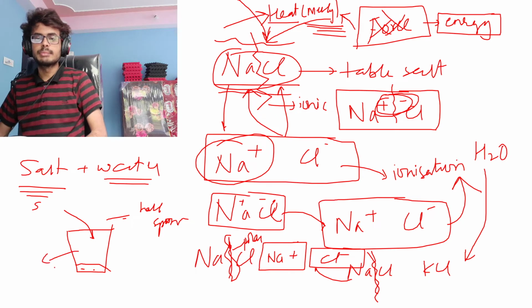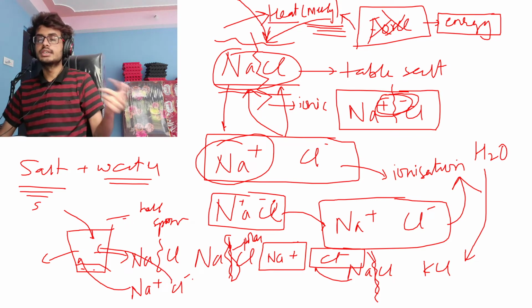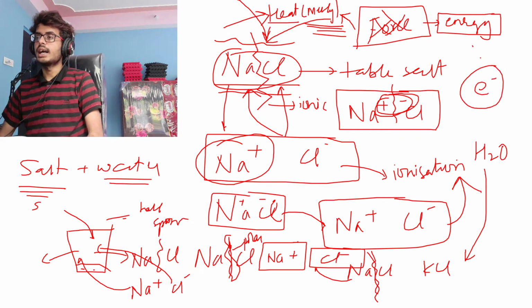Now this is one of the best explanations for this. When you put salt in pure water, the water acts as a force to break the bond between sodium and chloride ions, and the sodium ions and chloride ions are free. They move around in the salt solution freely. So when ions are free to move, or when electrons are free to move, that is the reason why electricity conduction happens, right?